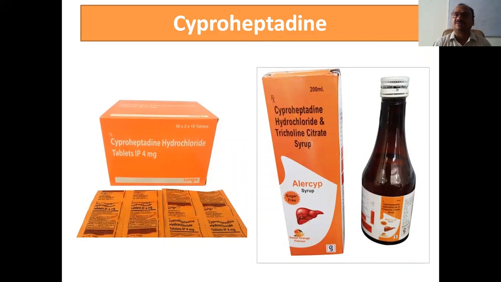Cyproheptadine. Syrup is available, tablet is also available. The dose is 4 mg, you have to write this in the exam. It is available in salt form, that is hydrochloride salt.